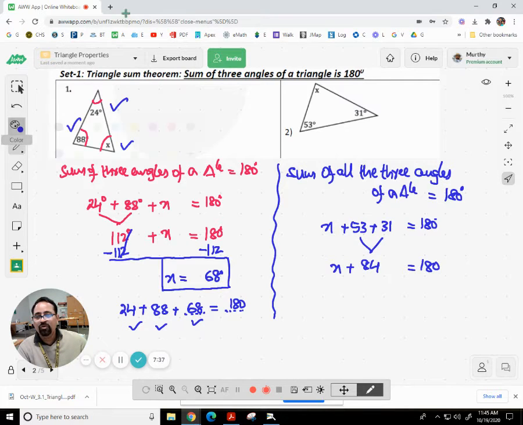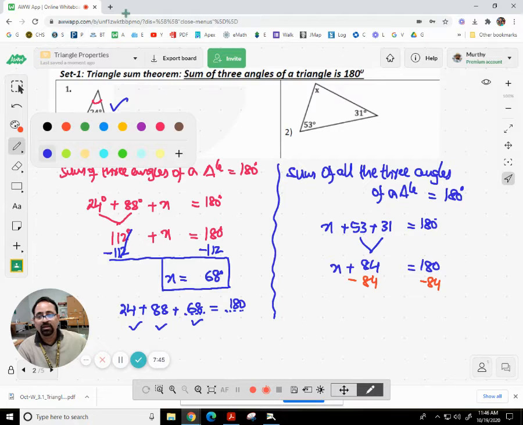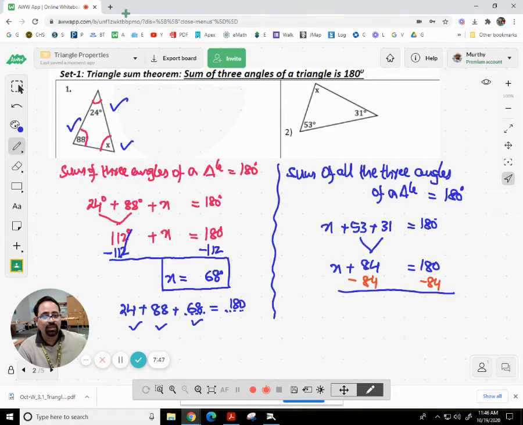As I told you before, use simple algebra. Take away 84, then you get that the value of x equals 96 degrees.